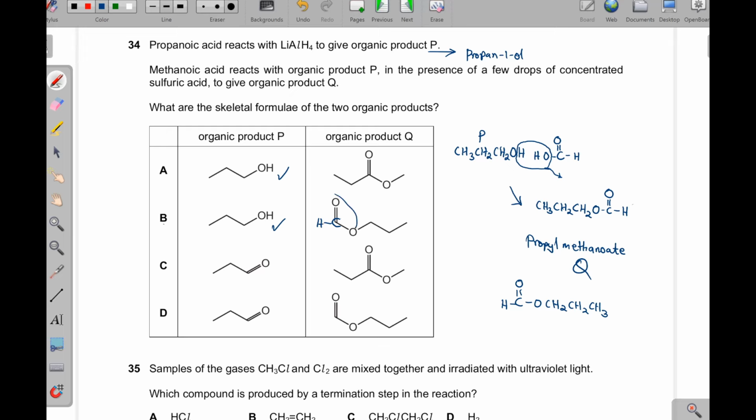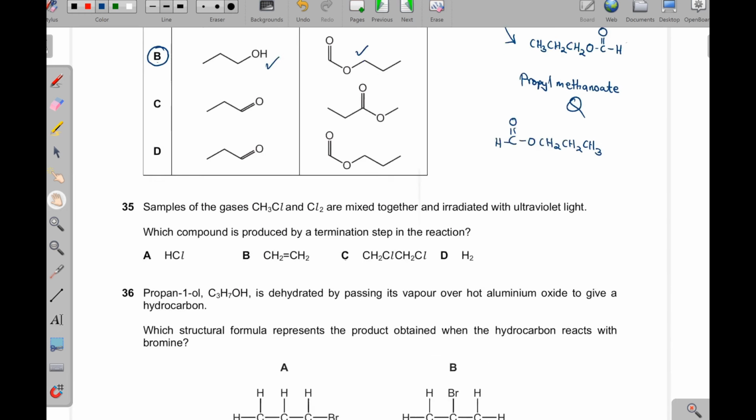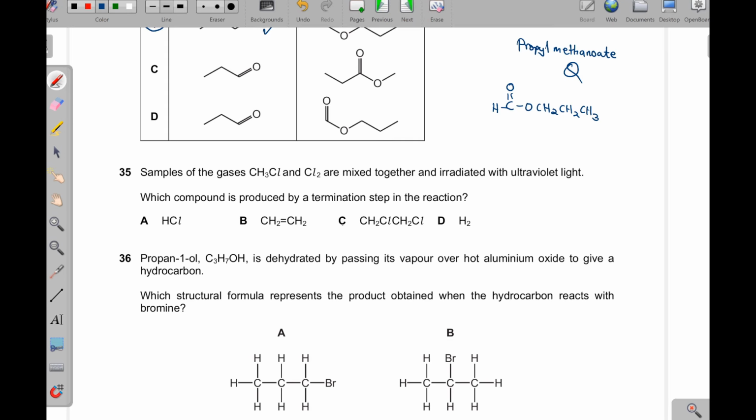Do you see this? This is the carboxylic acid end, and this is the alcohol end. So that means we are having our answer here. This one is okay. So the answer has to be B. Then question 35.